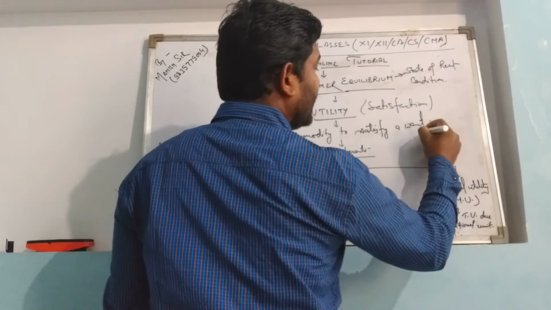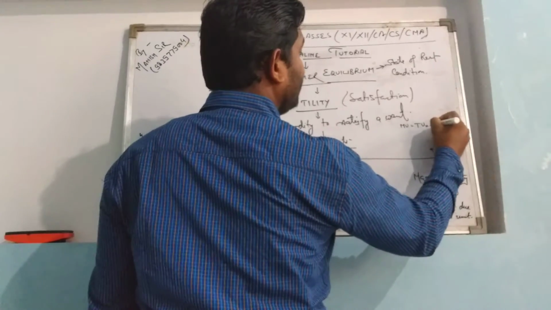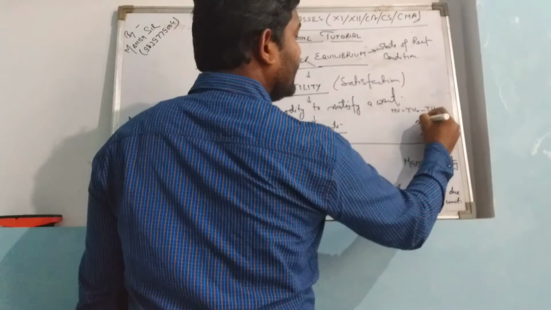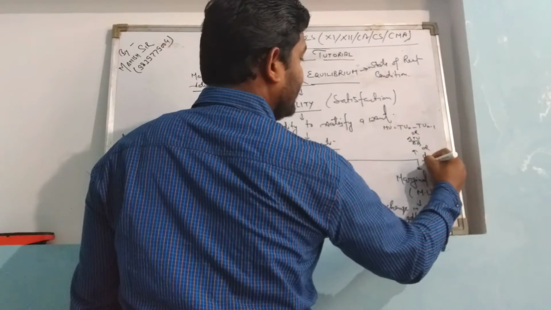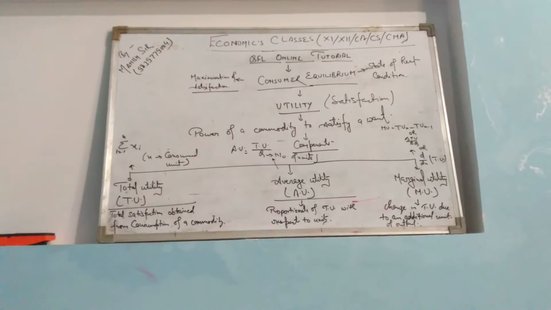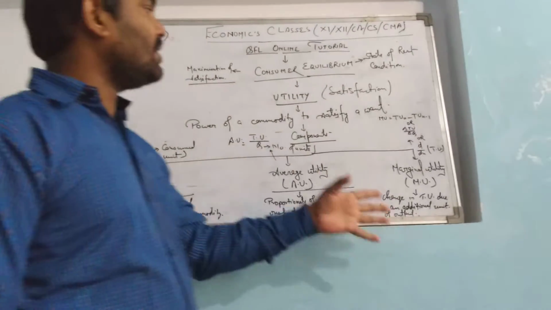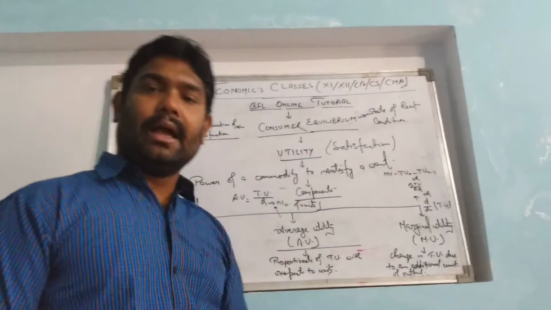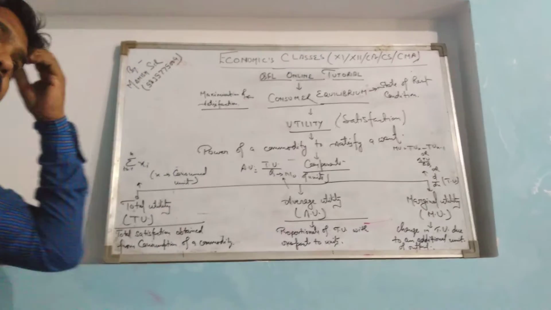We can derive the formula like that. So MU equals TU_n minus TU_(n-1), or delta TU upon delta Q, or dy/dx of total utility TU. Okay, dy/dx means differentiation of TU. So these are the three components of utility: TU, AU and MU. Okay, so this is our first concept of consumer equilibrium, utility.